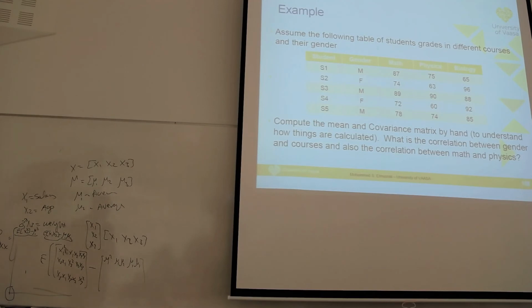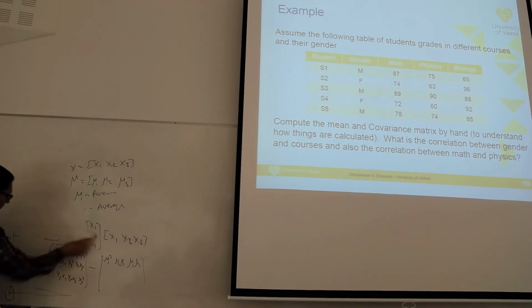Now let us try to build the covariance or the discriminant function for this case. We have some data records from a university about the students. We have 5 students here. We have the gender of the student, male and female. We have math scores, physics scores, and biology scores. Now we will see how to compute the covariance matrix and the mean of this.